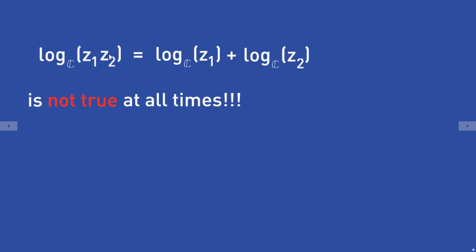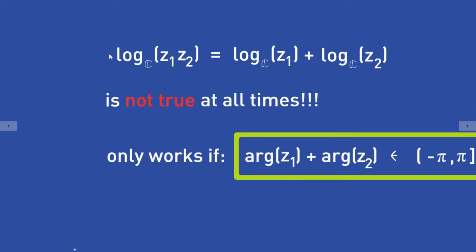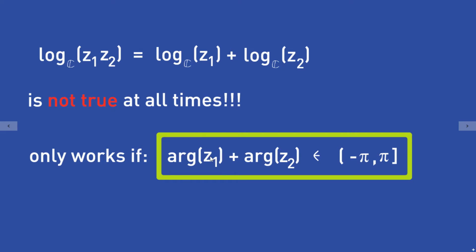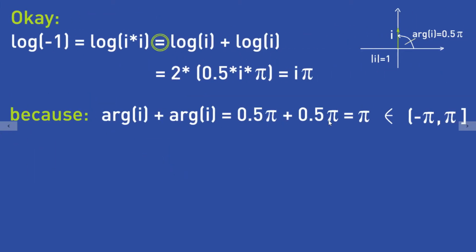It is only true if the argument of z1 plus the argument of z2 lies in this interval here again. So if the argument of z1 plus the argument of z2 is between minus pi and pi again. Only if this condition is the case, you can use this calculation rule here.